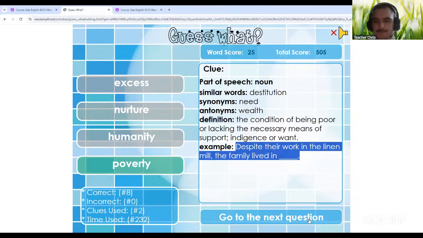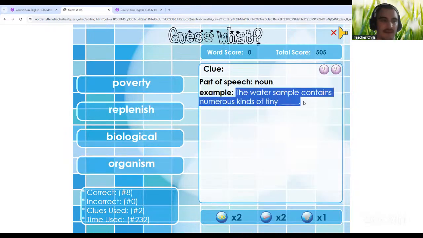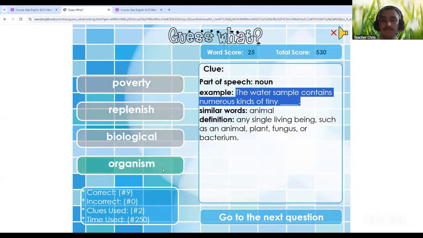So next one, the water sample contains numerous kinds of tiny something. So these are tiny animals. Organism. Very good, Hui. Organism. So an organism is any living being.